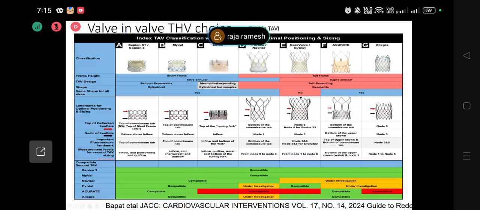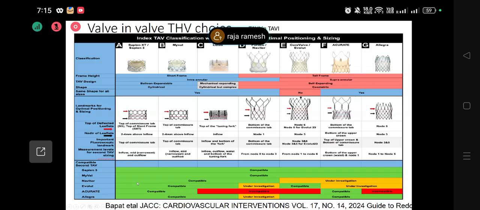We should know the level of the position of the leaflets, and the height of the leaflets when they are opposite to the valve frame of the second valve, and we should know the compatibility. Suppose you choose a Sapien valve, it is compatible with any of the index valves. If you choose a balloon expandable valve, you can place it in any of the index valves, whether it is a balloon expandable valve or self-expandable valve.